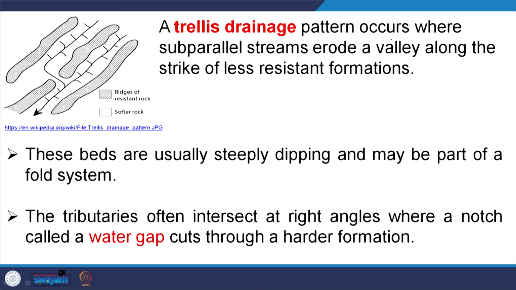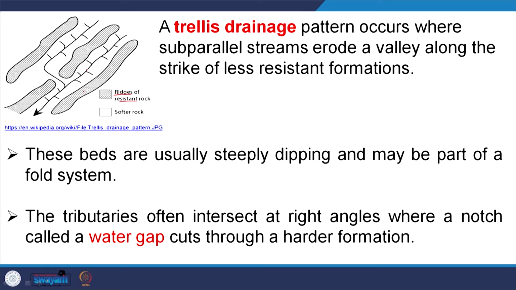Then another is the trellis pattern. Trellis pattern occurs where subparallel streams erode a valley along the strike of less resistant formations. Here if you see, these shaded areas are resistant ridges and these are soft rocks.